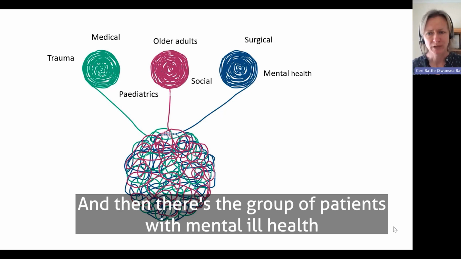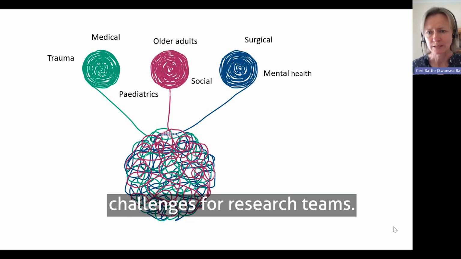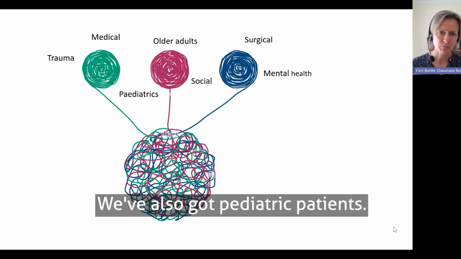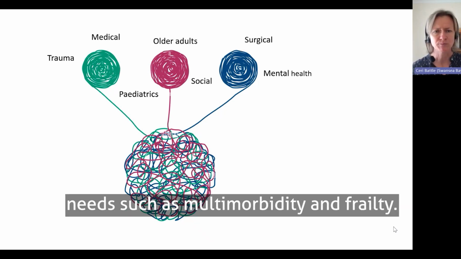And then there's the group of patients with mental ill health, and they may present altogether different challenges for research teams. We've also got paediatric patients, and older adults with complex needs such as multimorbidity and frailty.